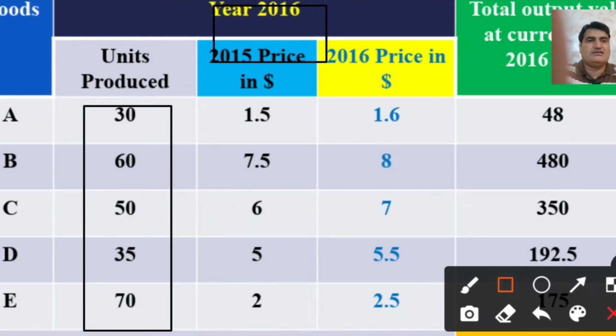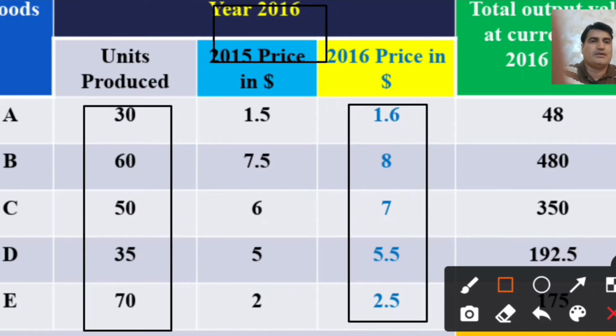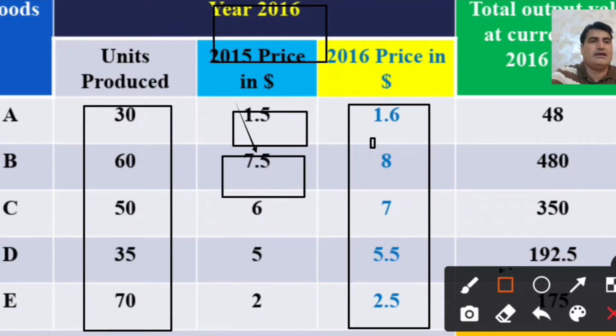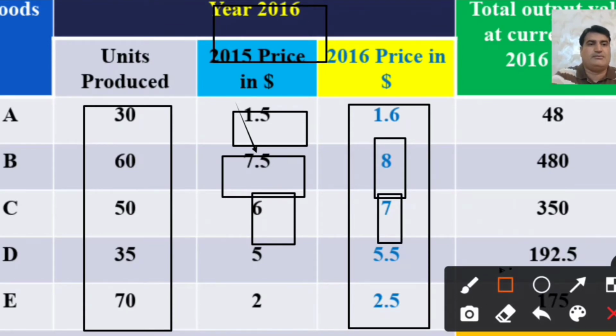The price in 2016 is 1.6 for commodity A. That price was 1.5 in 2015, now it is 1.6, and the price for commodity B was 7.5 in 2015, now it is 8, and likewise the prices have risen in 2016. The $5 price has risen to $5.5 for commodity D, and the price for E has risen from $2 to $2.5.